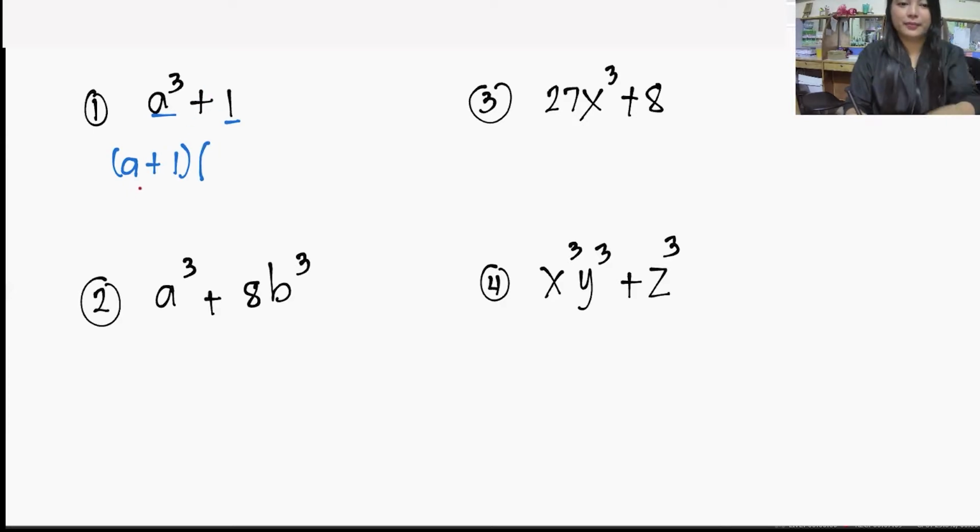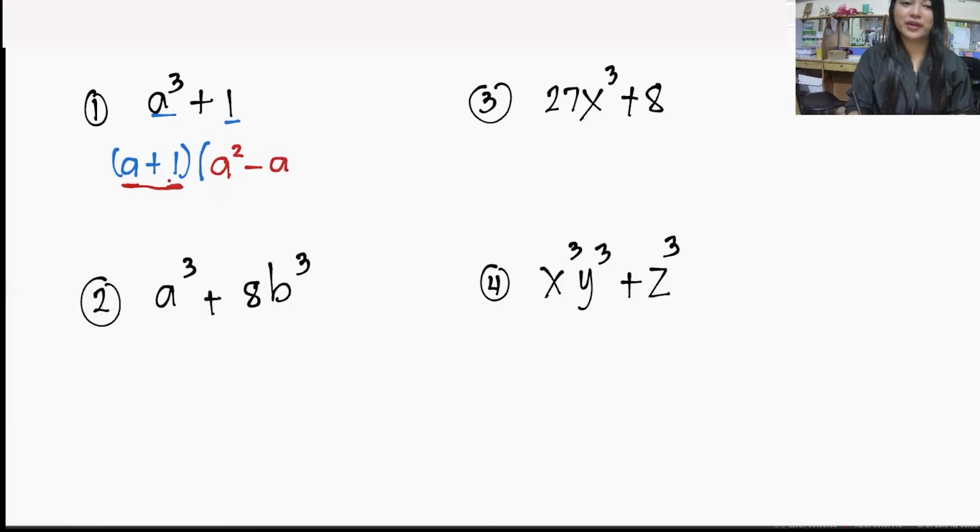Next, basing on our answer here, the binomial, we are going to square the first term. So a times a would be a squared. Is that clear? Next, you are going to get the negative product of the two terms. So a times 1 is a, negative, that would be negative a.